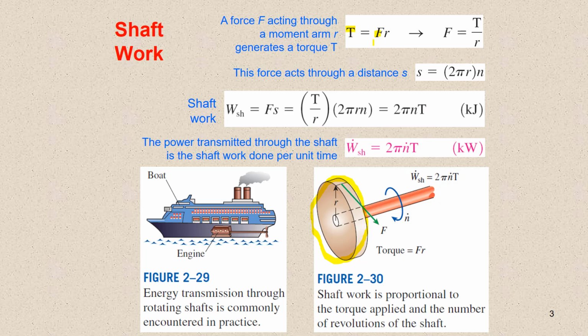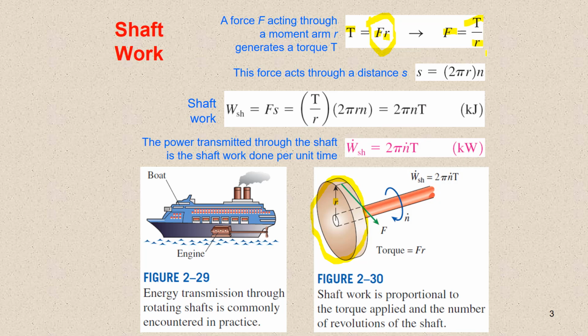A force F acting through a moment arm r generates a torque T of F r. In this case, the force is equal to the torque T divided by r.